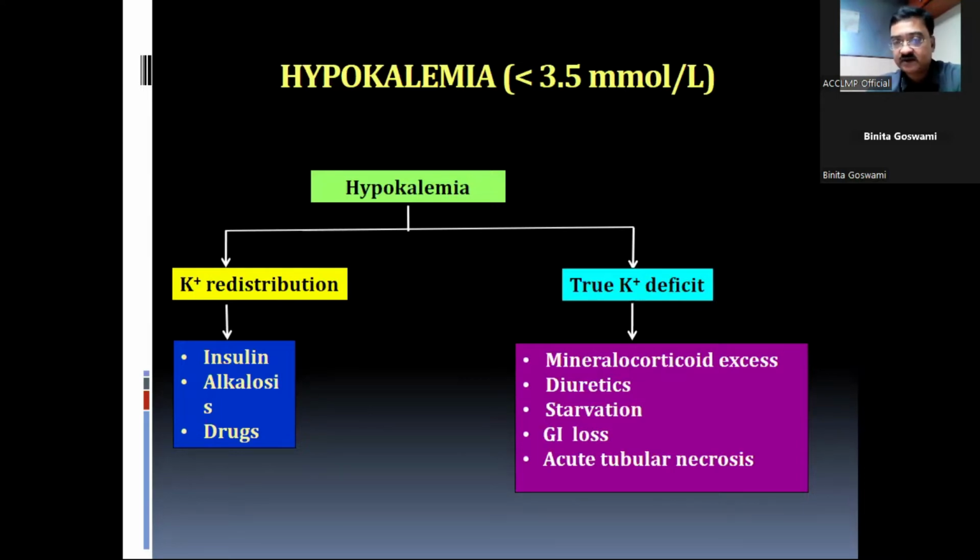True potassium deficit can happen in mineralocorticoid excess, where aldosterone drives potassium out through the kidney. Maybe diuretics, potassium losing diuretics, particularly loop diuretics, starvation, GI loss, and acute tubular necrosis.